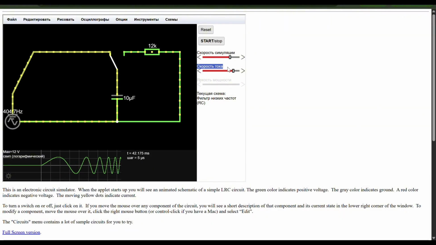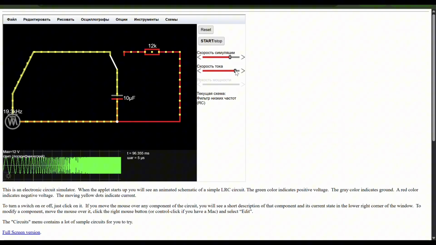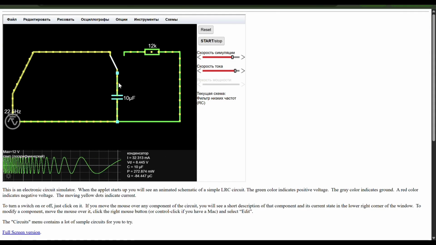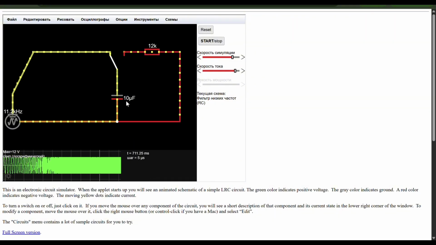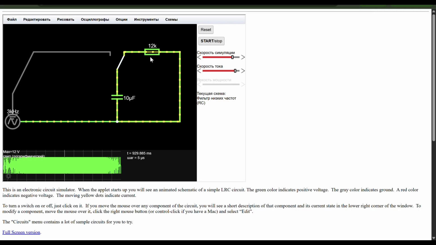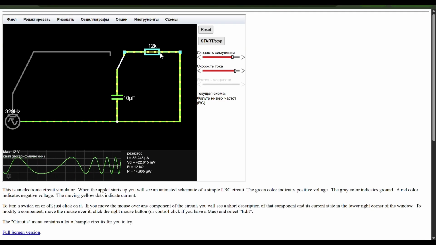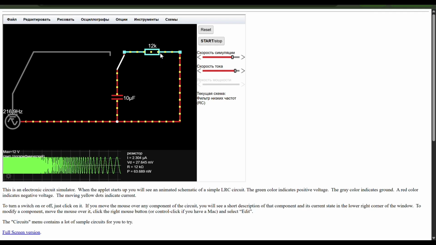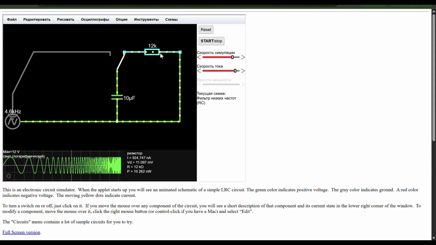First of all, to see it easily, I will increase our current and increase the speed of simulation. You can see the voltage and current values. This capacitor stores some charges. I will switch this, and here we can see the current. Our voltage is decreasing by time. Our current is also changing over time.